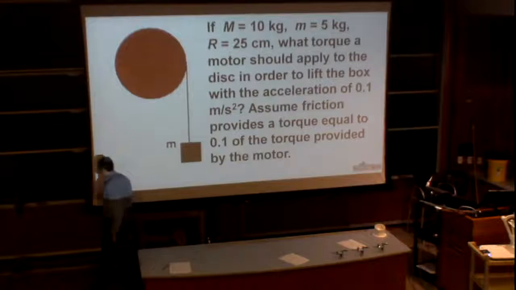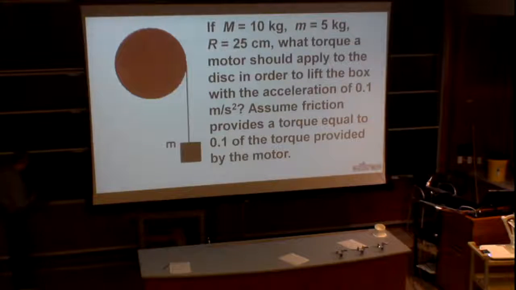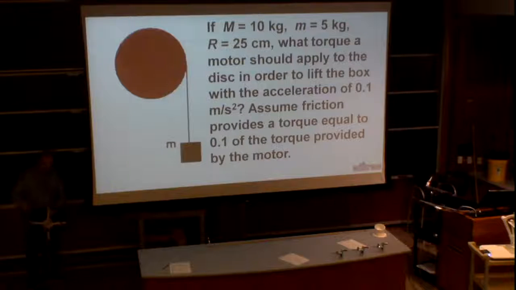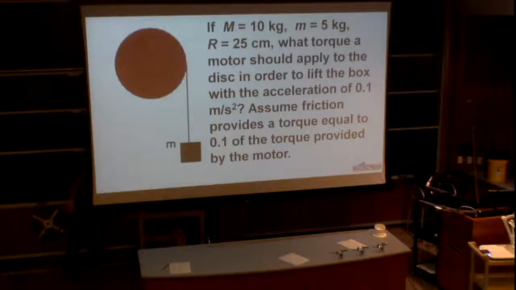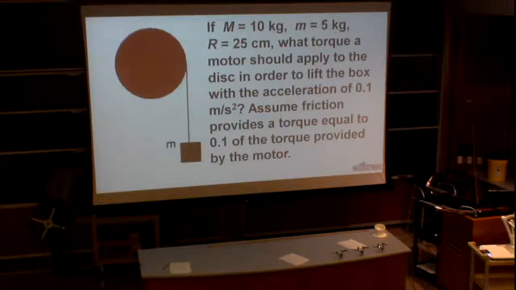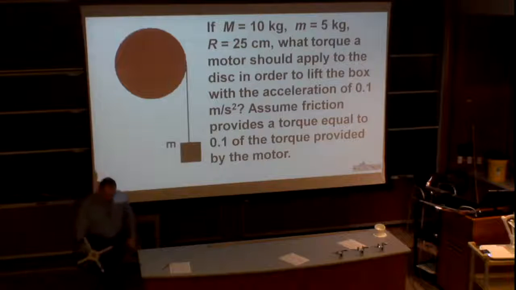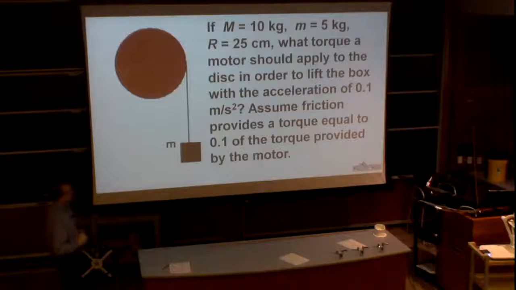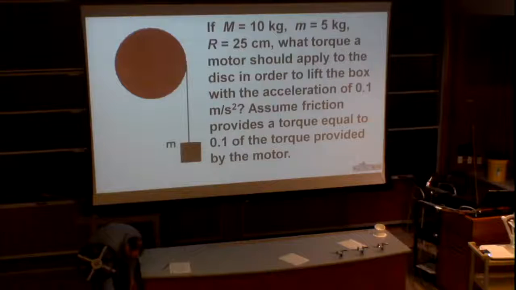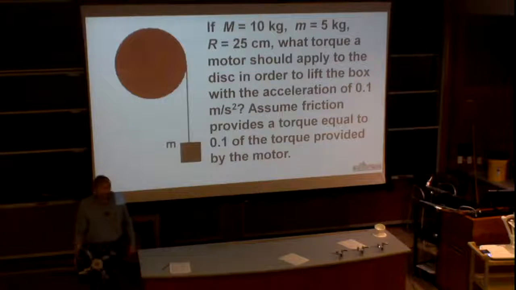So we use the same system, but also there is a handle or a hand or a motor which makes this wheel spin counterclockwise to make this weight move upward. I don't have a motor, but I can do it with my hand. So that means I'm applying an extra torque.